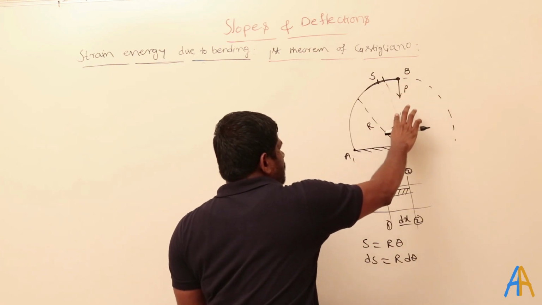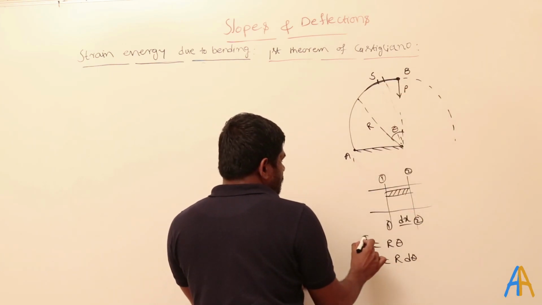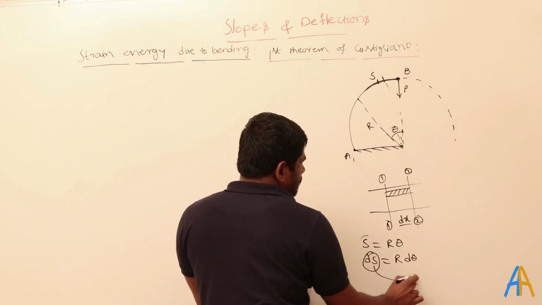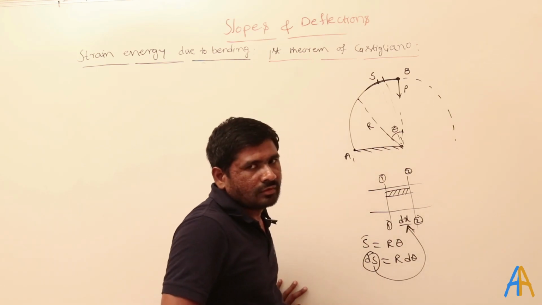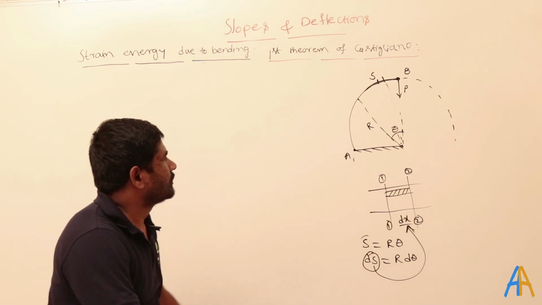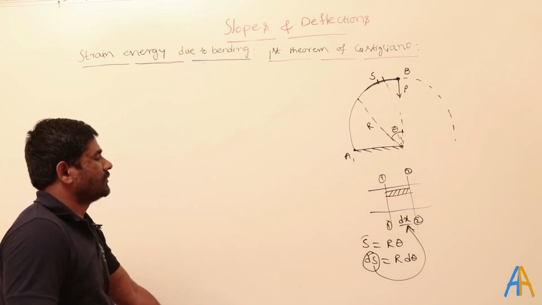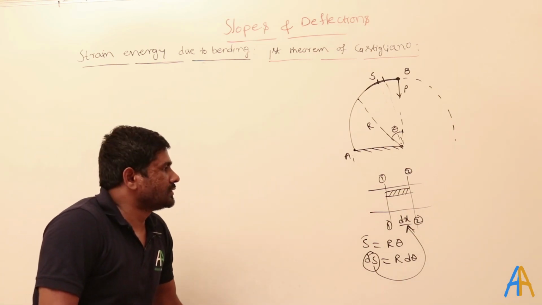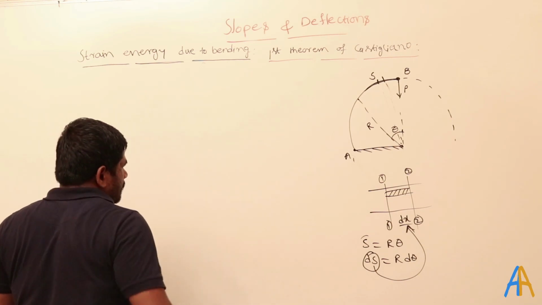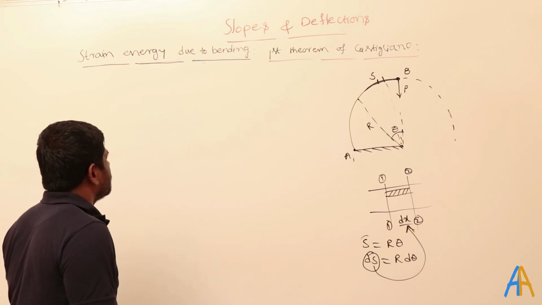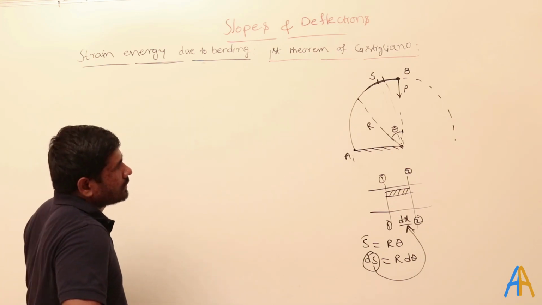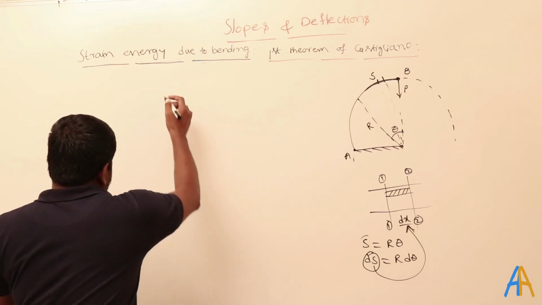So here s or ds is equivalent to dx. If it is straight, it is dx; if it is in the shape of a sector, then it is ds. Understood? That is what you need to observe here, and the remaining things are as they are. So what is the equation here?